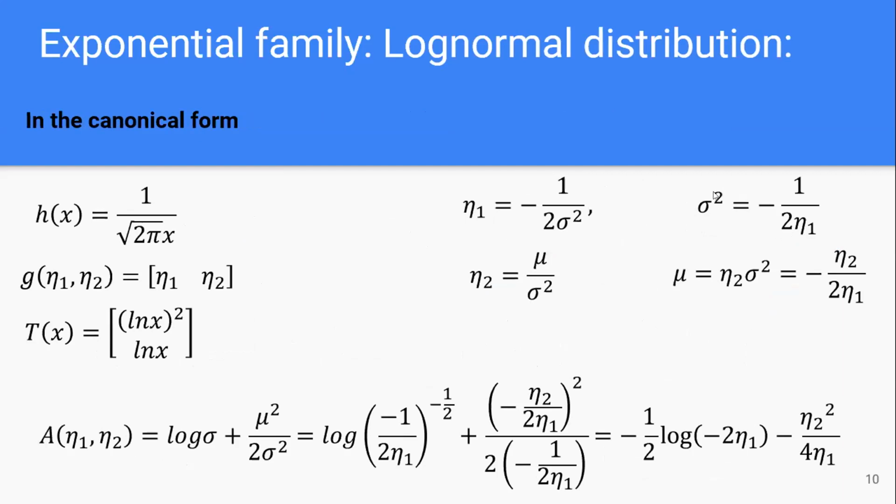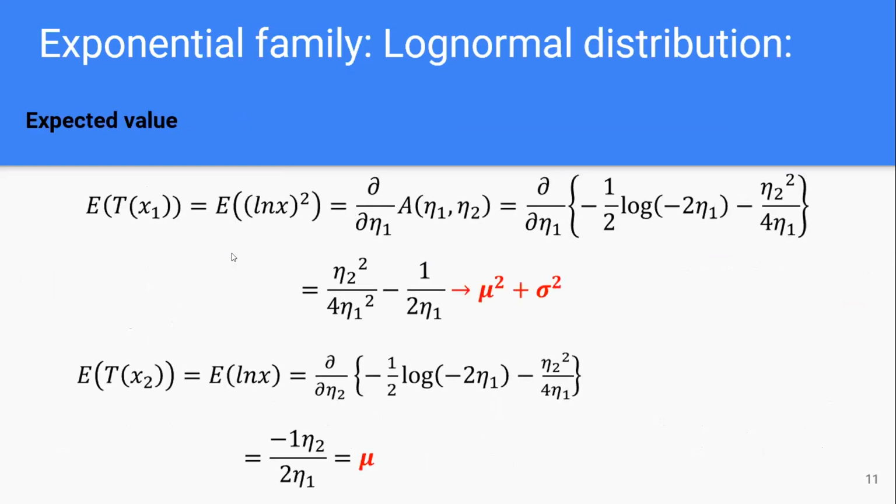We have the definition then of sigma square and mu. We substitute this into the log partition here, and we have this. Then, as in the gamma function, we proceed to do the first derivative with respect to each parameter to determine the expected value.